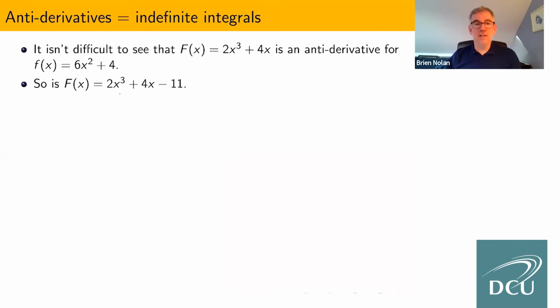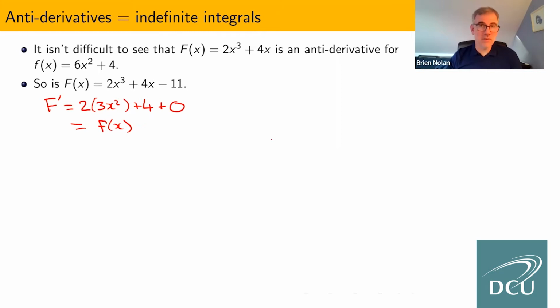On the other hand, this function capital F is also an antiderivative for little f, because when I differentiate it, I get 2 times 3x squared, plus 4 when I differentiate 4x, and 0 when I differentiate 11 because it's a constant. So sure enough, this is equal to 6x squared plus 4, which is little f.